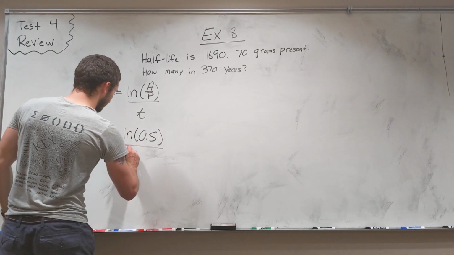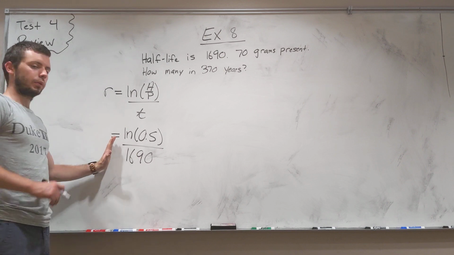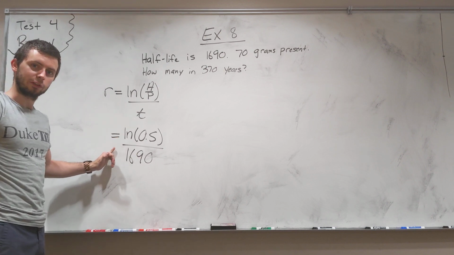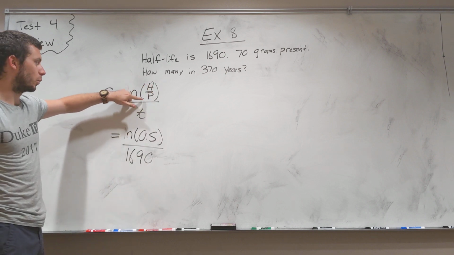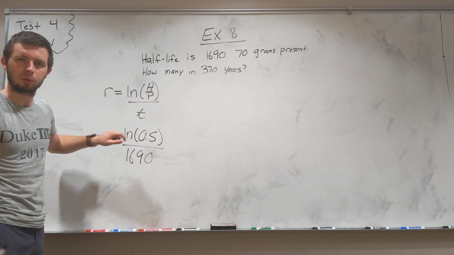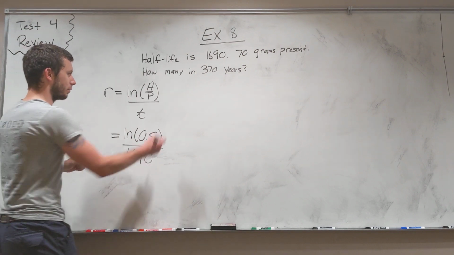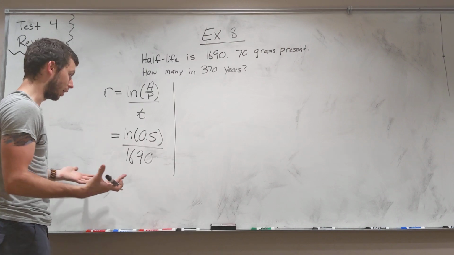Well, 1690. It seems like a lot of people were able to get to this part just fine, but half-life tells you what the quotient between the final and the initial is. It's simply half, so that's why I put 0.5. So if anything, that's the intermediate step. We have to do that regardless of the problem.